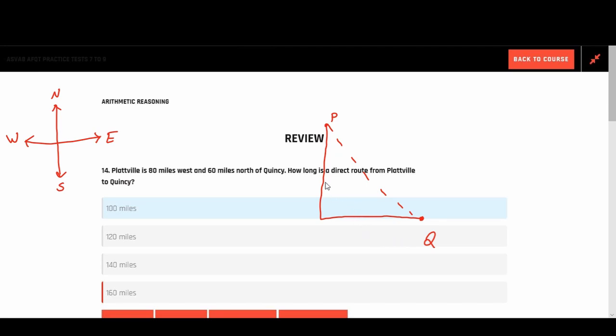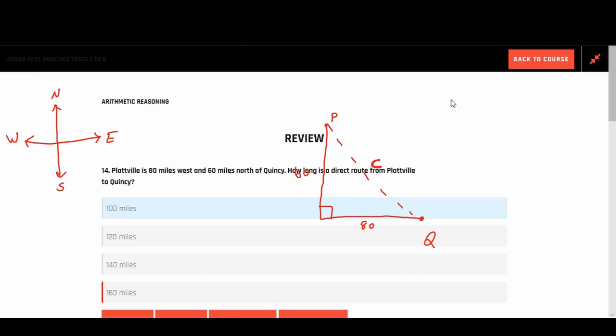We should recognize that this is a right triangle that they've given us. And again, this is going to be 80 and 60. And we want to find the direct route, which I'm going to denote as C right here. To do this problem, we have to know that this is the hypotenuse of the right triangle, which is directly across from the right angle.